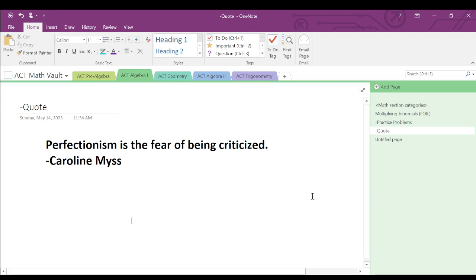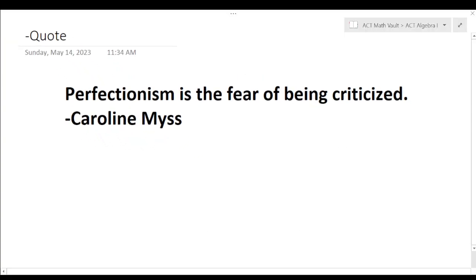We have one last thing, which is a quote. I really like this one because it gives me a lot of food for thought. Perfectionism is the fear of being criticized. Whoa. So I think there's a little bit of freedom in not feeling like we have to be perfect. I think this is a great reminder before you take a standardized test, because obviously perfection is the goal.